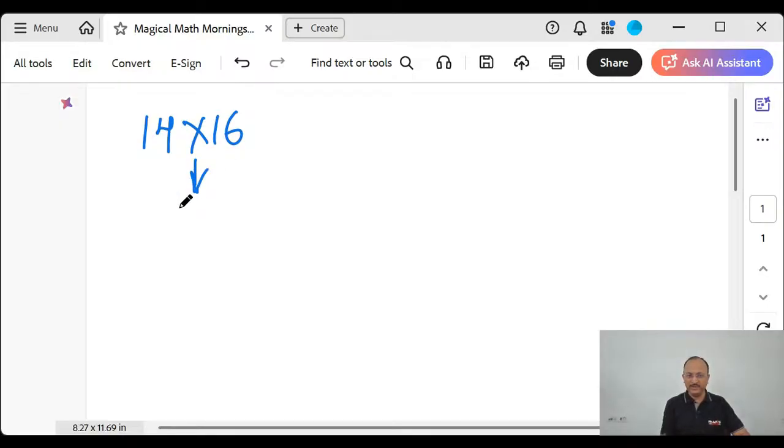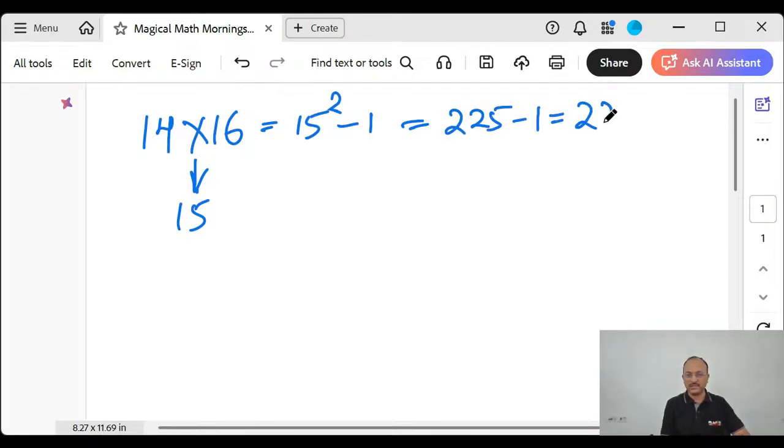Middle number is 15. Correct? For this, 15 square, we know very easily. Just do minus 1. What is 15 square? 225. Just subtract 1, you will get the answer. That is 224. That is, you find the middle number, square it and subtract 1.